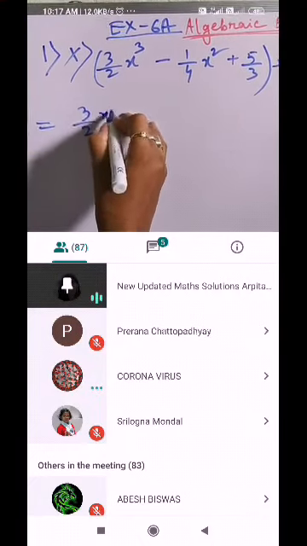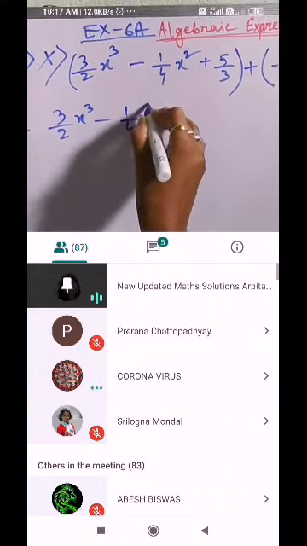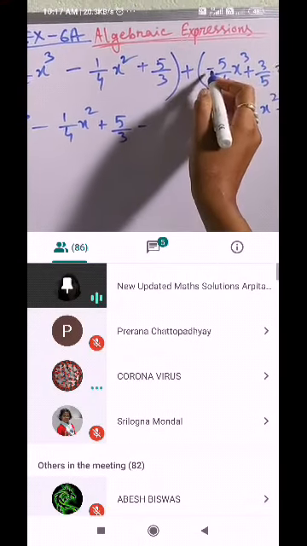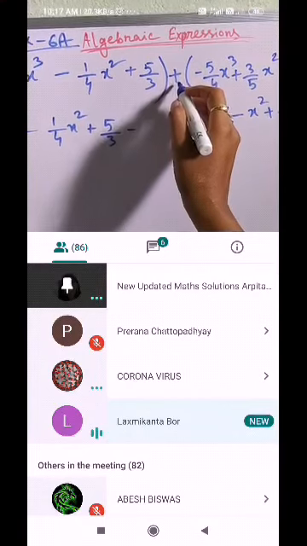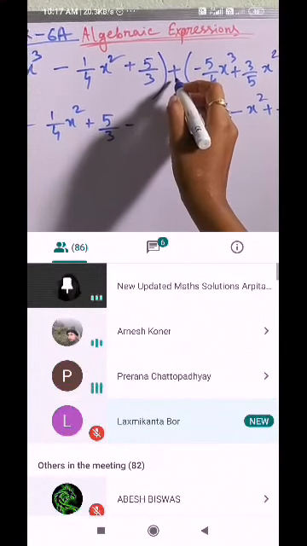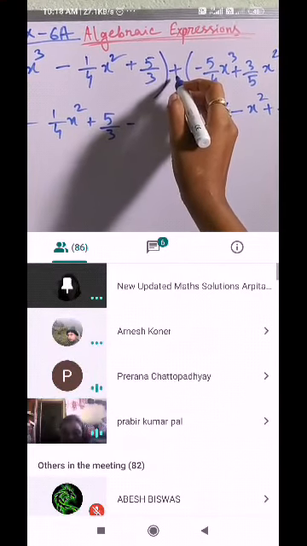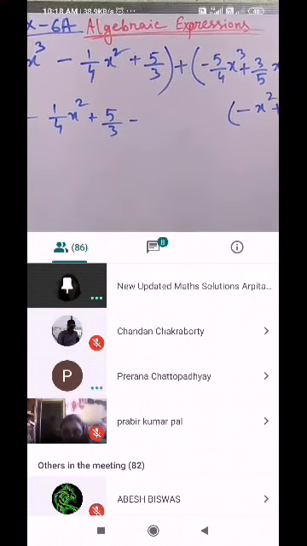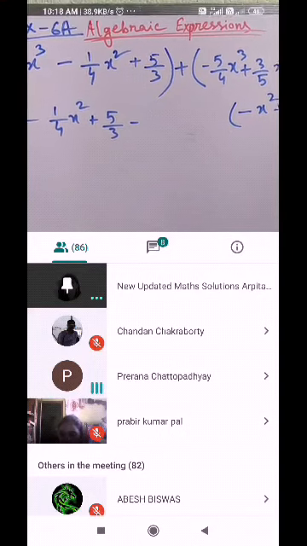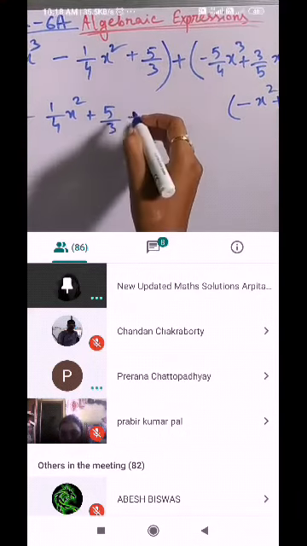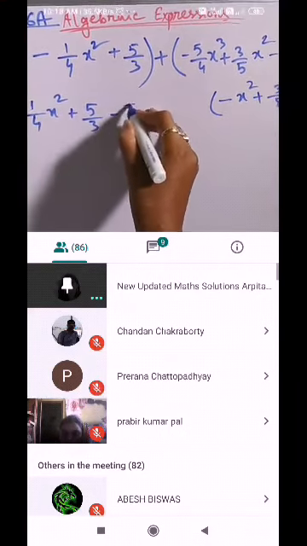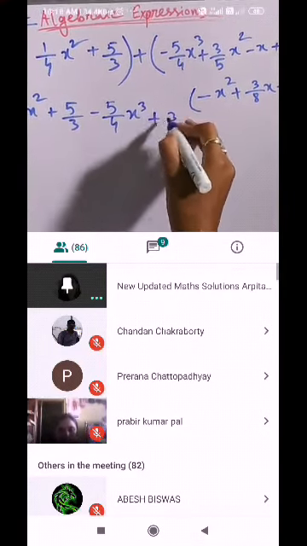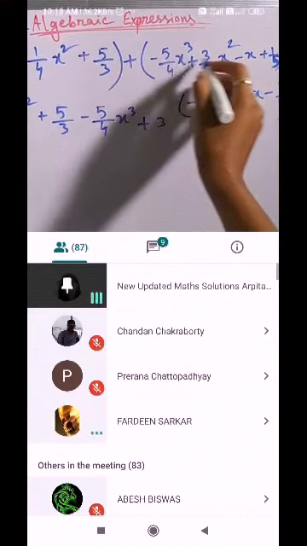3 by 2 x cube minus 1 by 4 x square plus 5 by 3, plus minus. For this addition sign, this will be minus sign.